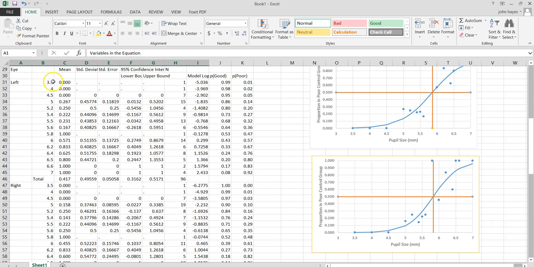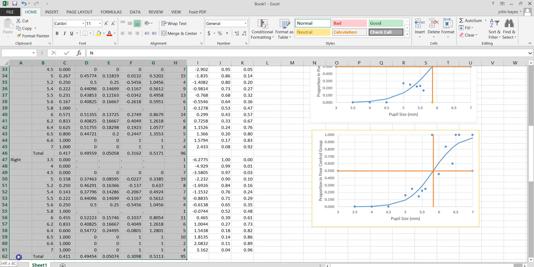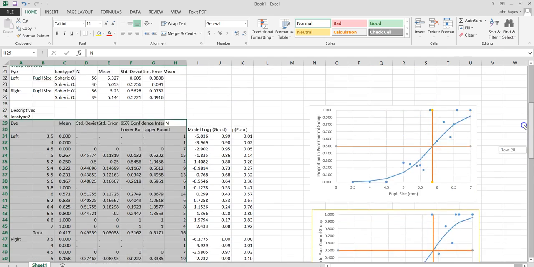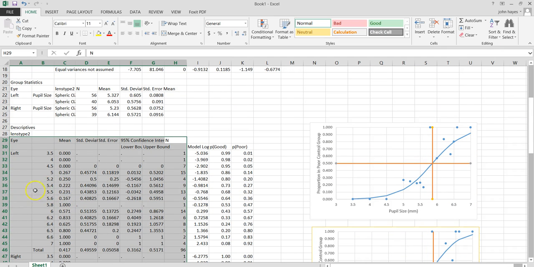So here was our pupil size, we have our mean, standard deviation. All this came from the output from the one-way ANOVA, at least describing the means. And what we like about this is that the pupil sizes are listed in a nice, neat way.